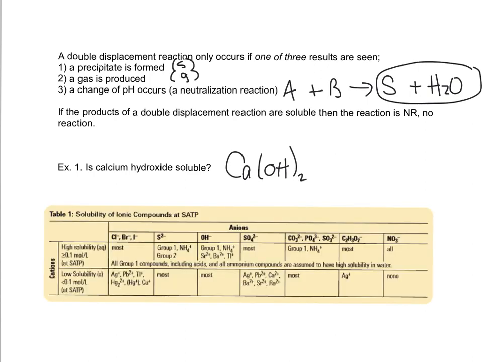So if we look at this chart, find hydroxide, here we go. At the top, there's no calcium, so it must be in the bottom with the most. So calcium hydroxide is a solid.